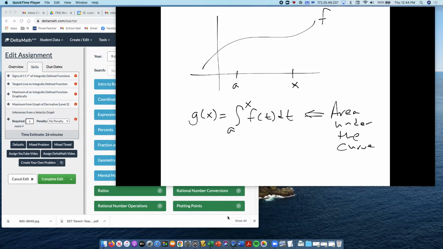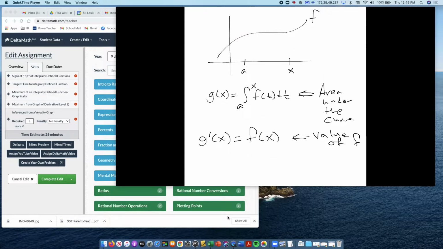Whereas g prime of x would equal f of x, which is the value of f.